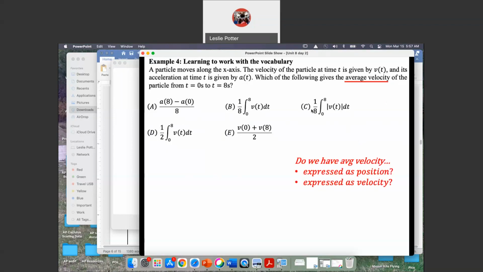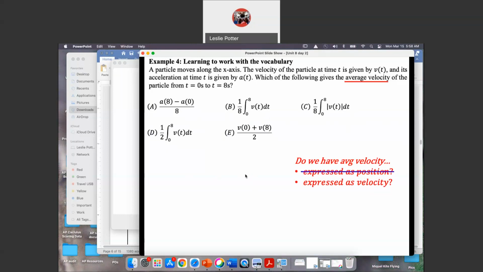So scanning our options here, I see that there are no options that list position. So we know that we can rule that out. There are no expressions for position. So we're looking for an expression with velocity. So we're being asked to average the function that we have.